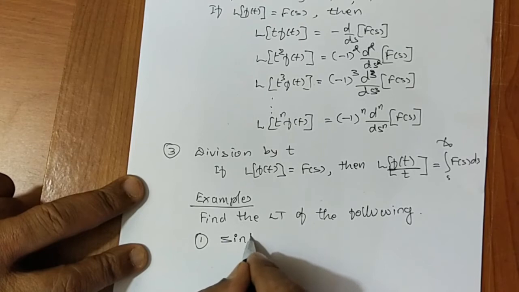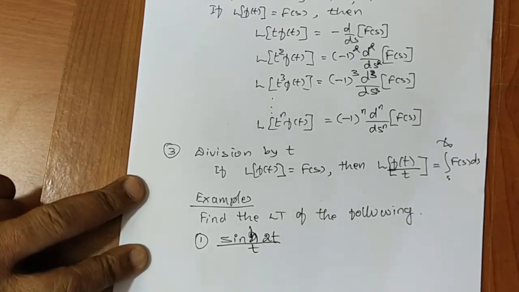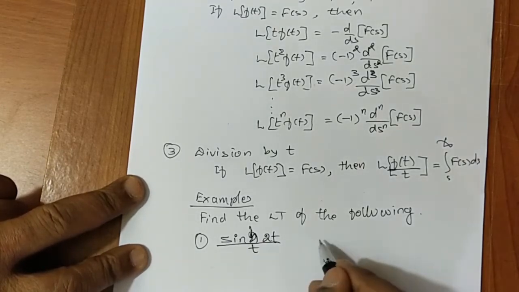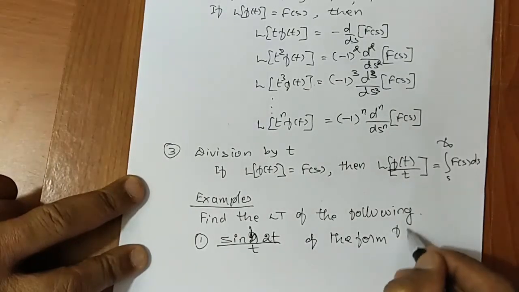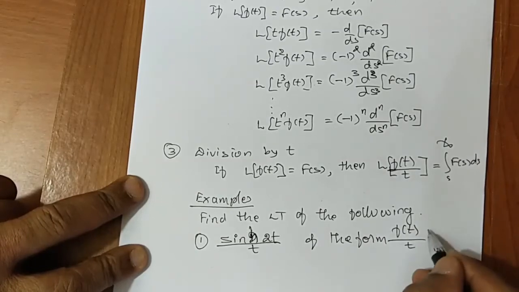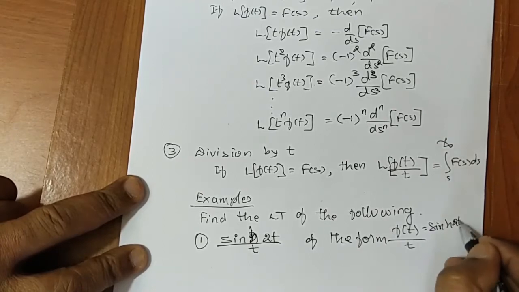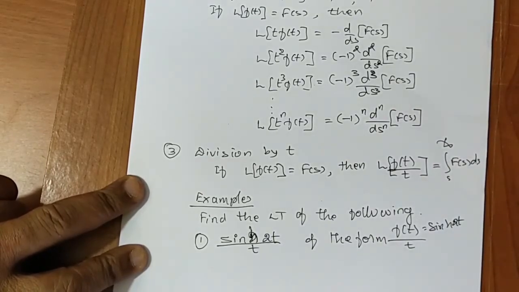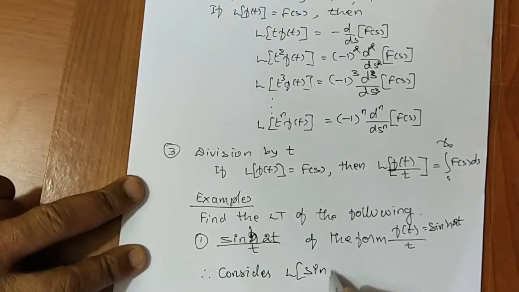So I consider now sine hyperbolic 2t by t. This is clearly of the form f of t by t. What is f of t? It is sine hyperbolic 2t. Therefore, what I should do is consider L of sine hyperbolic 2t.